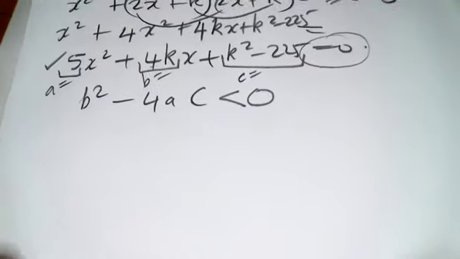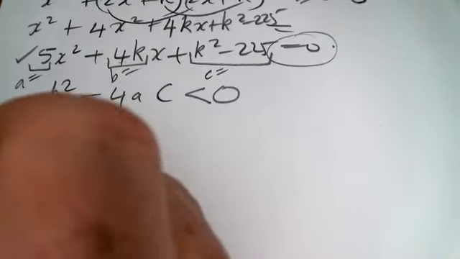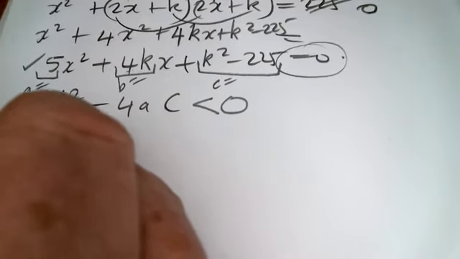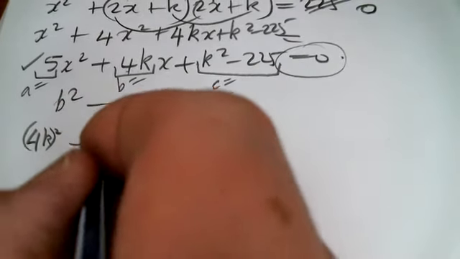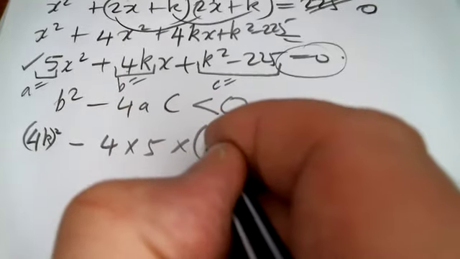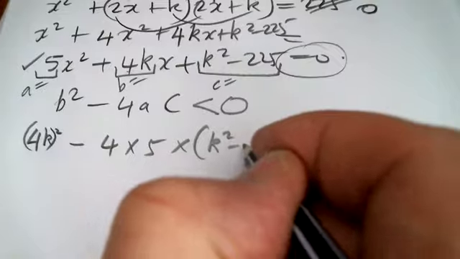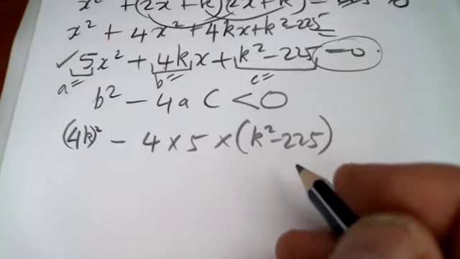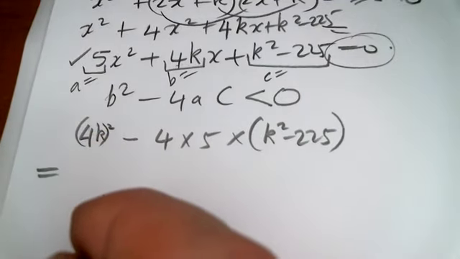All right, so let's have a look. What's b? Well, b is going to be 4k, all squared, minus 4 times 5 times k squared minus 225, and I won't say less than 0. We could do, but I'm just going to go equals here.